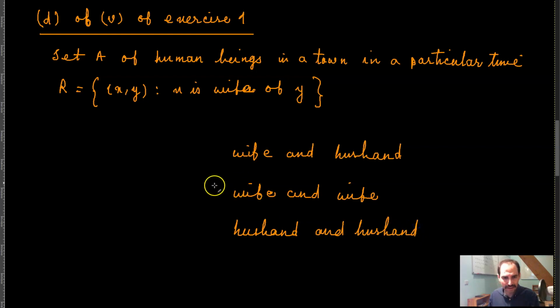These days two women can get married legally, and two men can get married legally as well. So these types of relationships also exist. But if you want to solve this problem, we have to agree on one of these. Since this is the classical standard relationship of wife and husband, we will concentrate on this one.